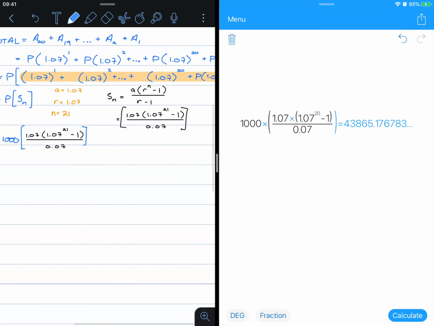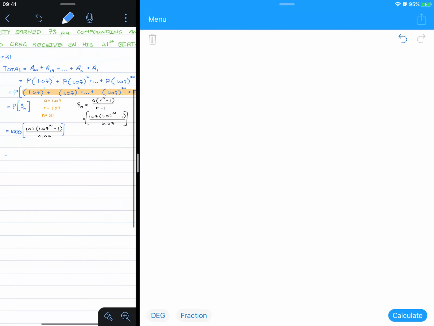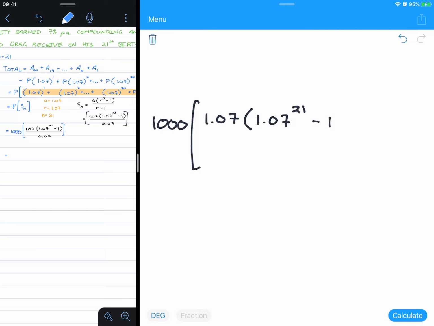So here we go. 1,000 outside of 1.07, 1.07 to the power of 21 minus 1 all over 0.07.